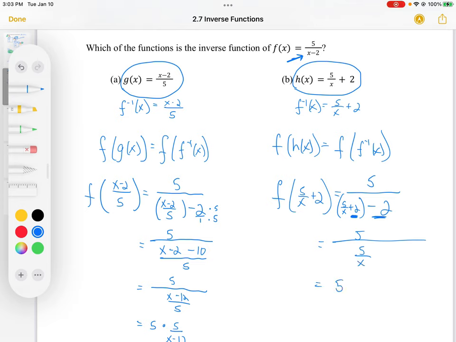Now 5 divided by 5 over x is the same as multiplying by the reciprocal, and when I do that, this simplifies to x. So indeed, option B, h of x equals 5 over x plus 2, is my inverse function.